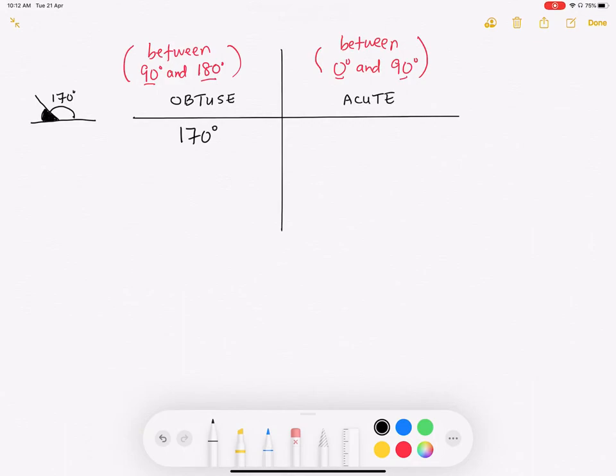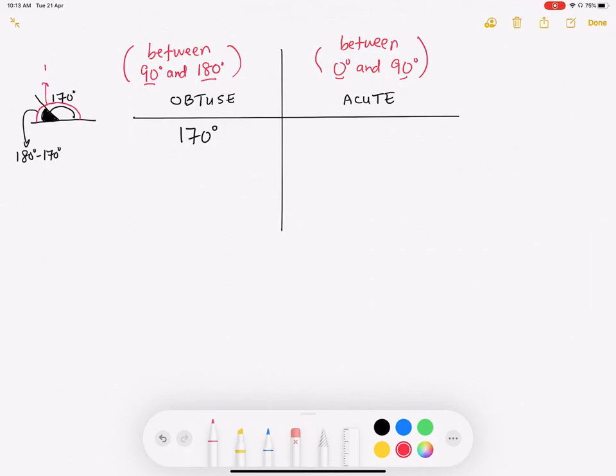So I can actually get the value of acute angle by having 180 degrees minus 170. So 180 degrees comes from this angle on a straight line.